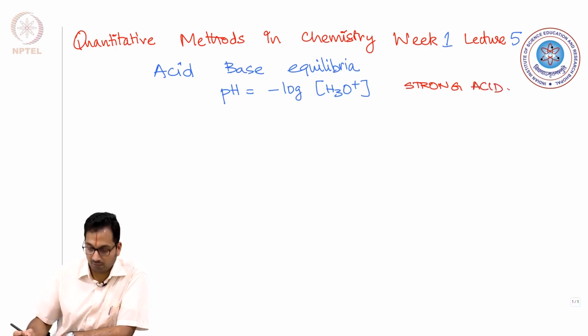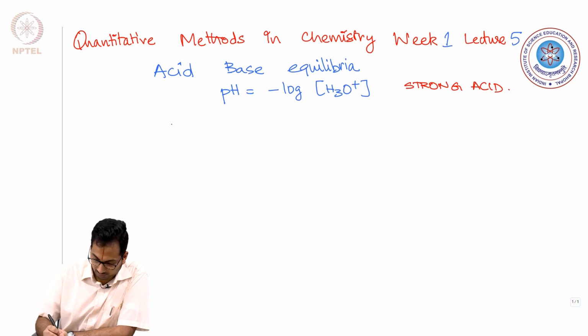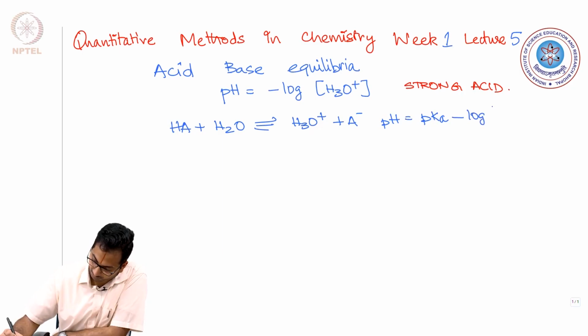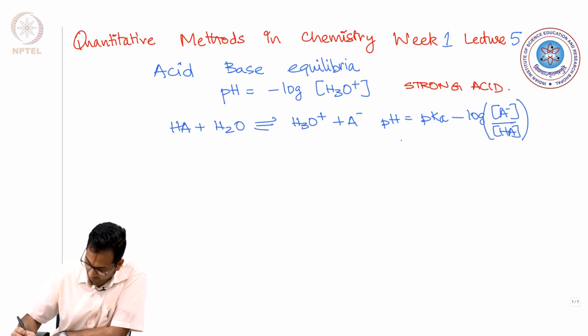On the other hand, for weak acids, we were able to derive the Henderson-Hasselbalch equation that goes as pH equal to pKa minus log of A minus by HA. Weak acid.